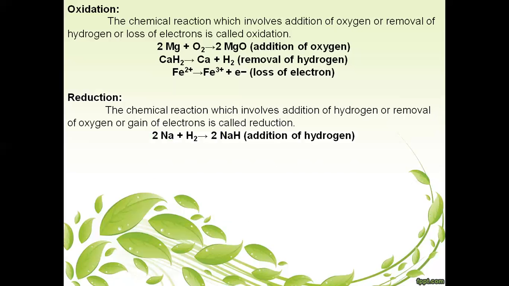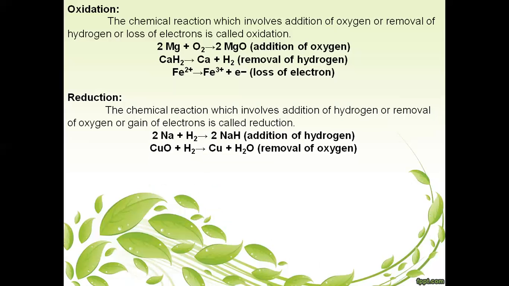For example, 2Na plus H2 gives 2NaH. In this process, hydrogen is added, so this is a reduction process. The next one is CuO plus H2 gives Cu plus H2O.